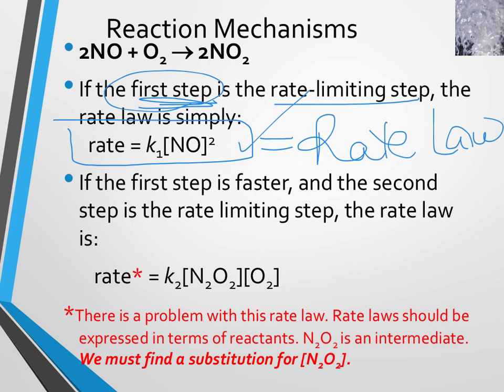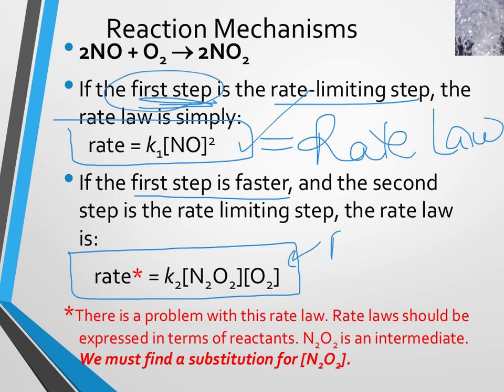So this is where you really need to pay attention and make sure you understand what I'm saying. If the first step in a mechanism is faster than the others and a subsequent step is the slowest one, let's look at this reaction in particular. Here is the rate for that second, slower step. What would be wrong with calling this the rate law?